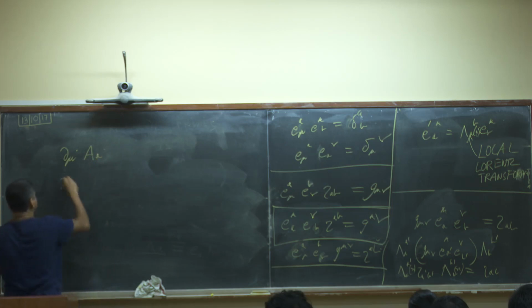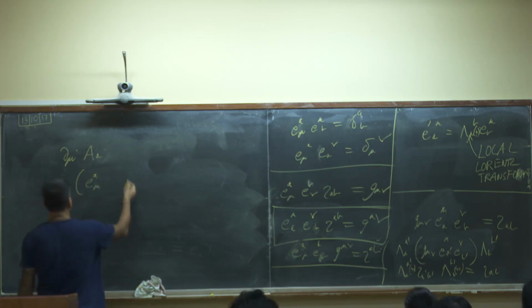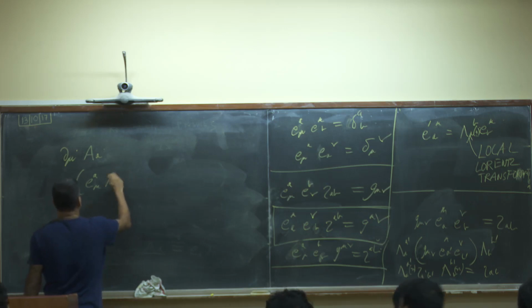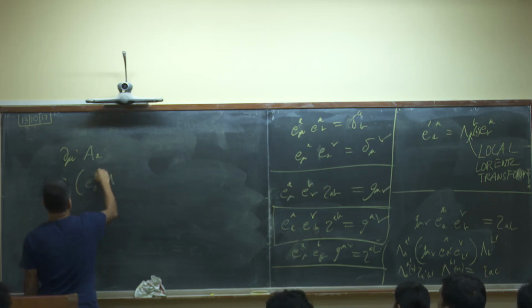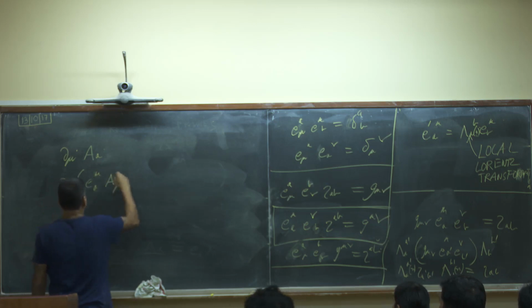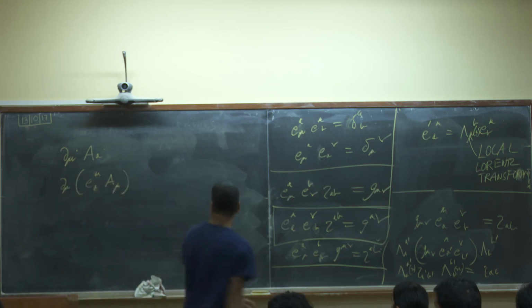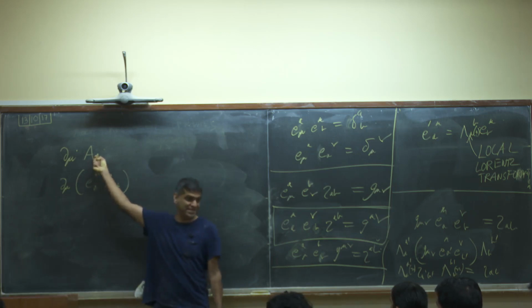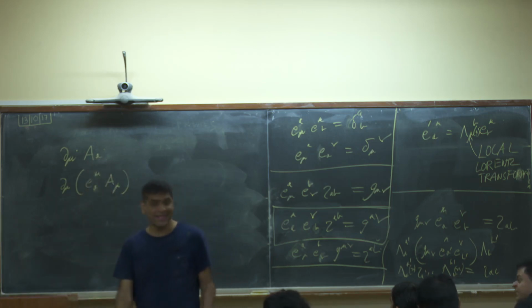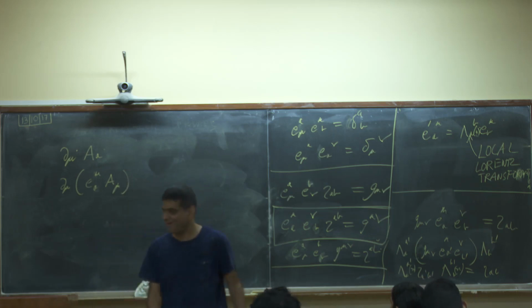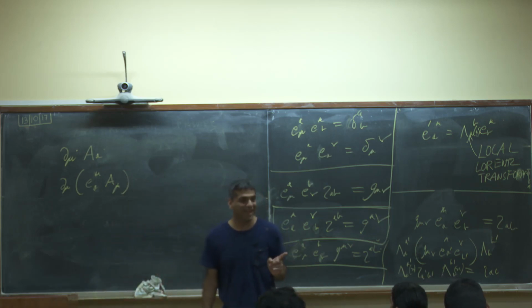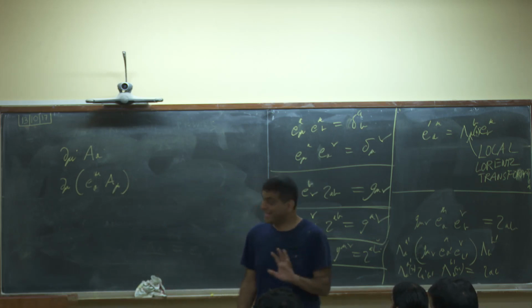A^A was e^A_mu A^mu, and I take the derivative del_mu of it. If I just took an ordinary derivative, this object doesn't obviously have any space-time indices, so you might think it's a space-time scalar. However, though it's a space-time scalar, it has some ambiguity in it.